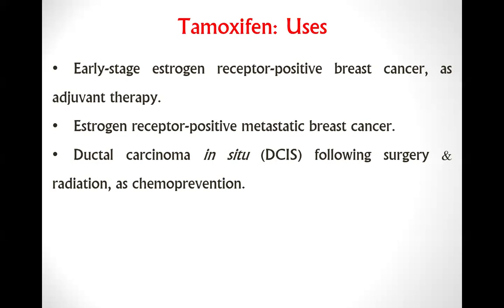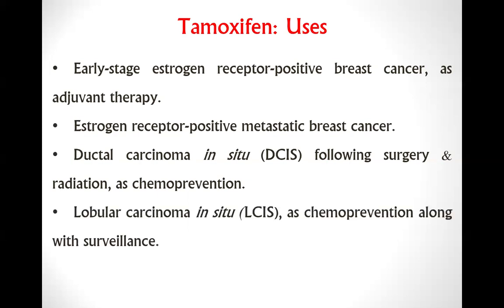Can anybody explain bullet number 3 in DCIS? Why do we use it as chemoprevention? Yes, this DCIS may progress to ER-positive breast cancer. So it's chemoprevention, the same as in LCIS, lobular carcinoma in situ.